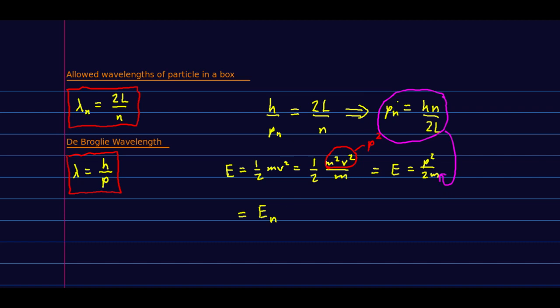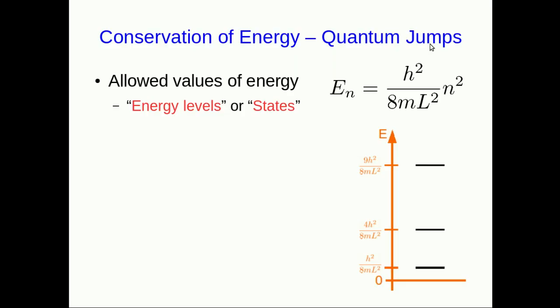If it only has certain allowable momentums, it only has certain allowable energies, and so it's just going to be 1 over 2m, and all of this stuff for p squared, or in other words, what we have now are the allowed values of energy for a particle in a box. So, now we know that our particle in a box has only certain allowed values of its energy, which are given by this formula. And you'll often see this summarized in a diagram that looks like this.